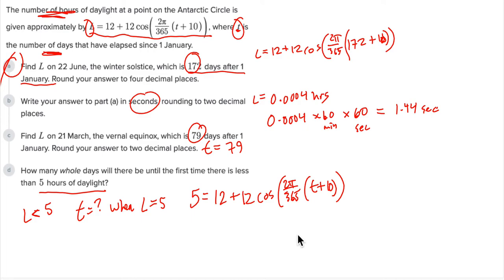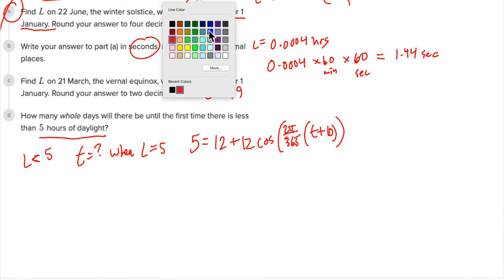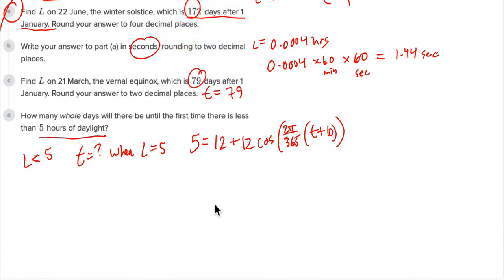That looks really confusing, doesn't it? Well, it's not if you're an okay algebra person. Watch this. I'll just subtract 12 from both sides. So 5 minus 12, that's negative 7, equals 12 cosine of 2 pi over 365 times T plus 10.